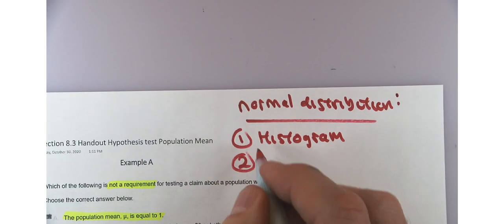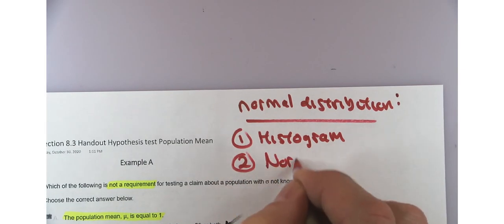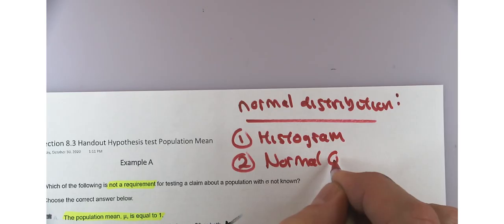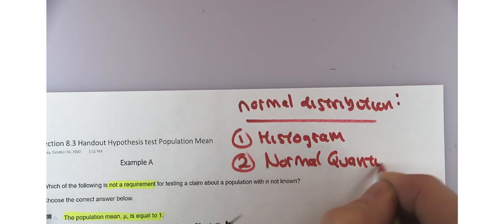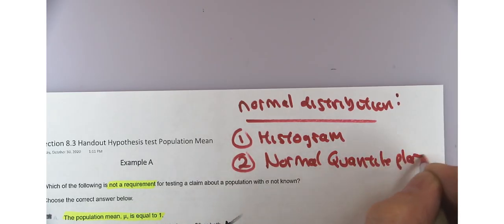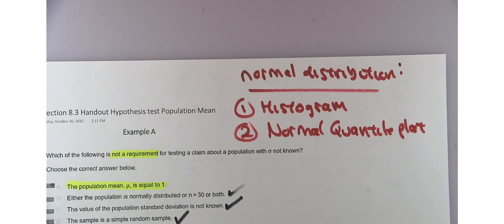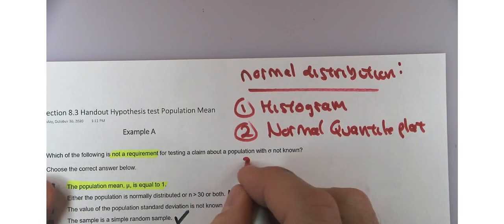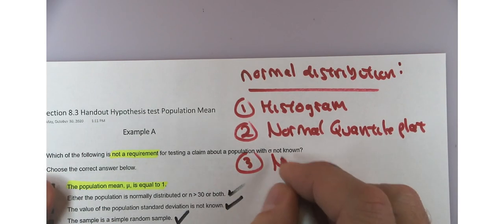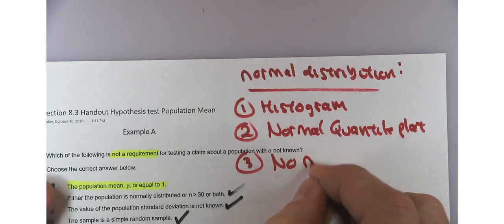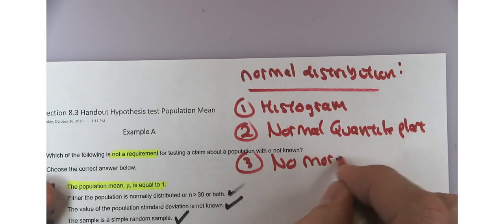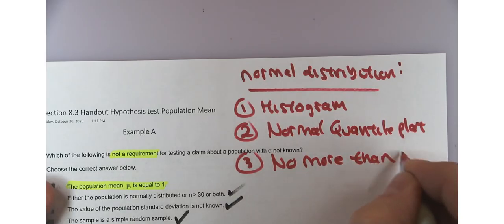Normal quantile plot. If there's more than one outlier, it's probably not going to be normally distributed. No more than one outlier.